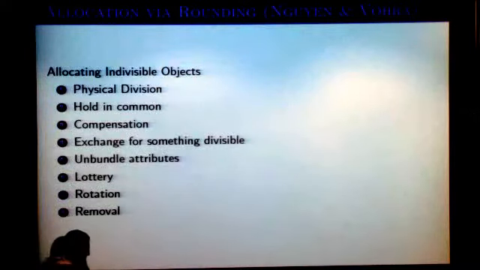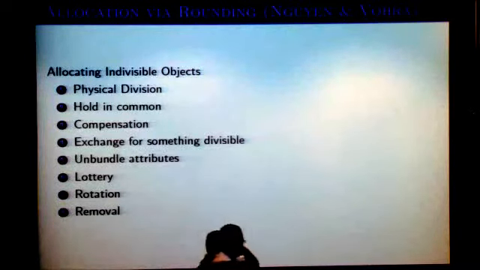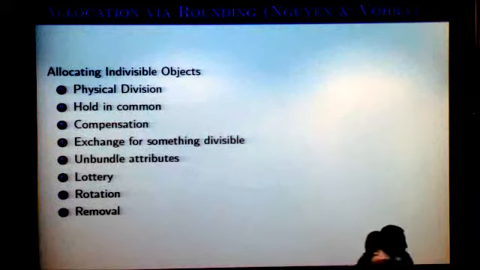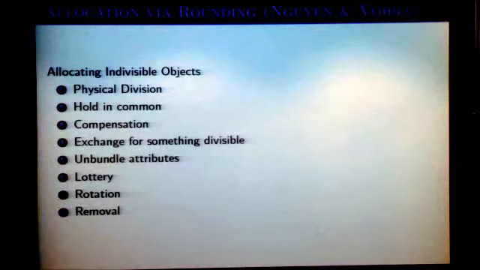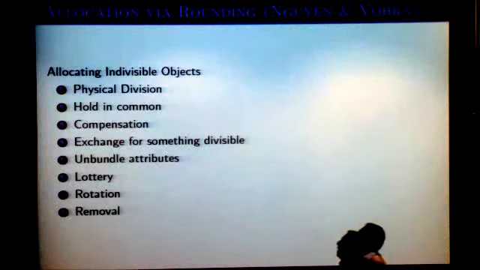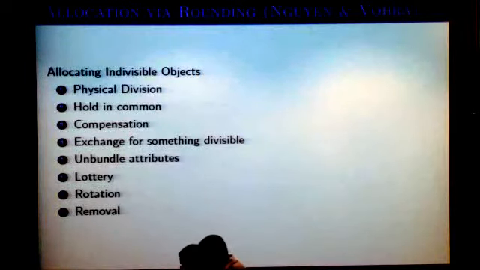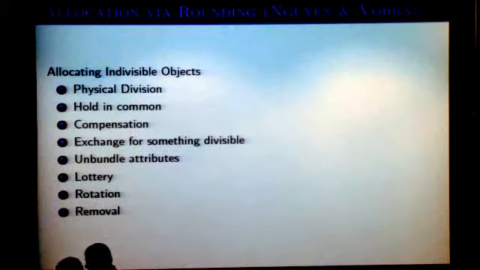That would be holding in common. The other is compensation. One party compensates the other for the asset, and compensation doesn't have to be money. It could be for exchange of something else. Other examples are exchange for something divisible. In other words, the asset is sold off for money, and then the money is divided up between the claimants. A fifth way is what's known as unbundling the attributes.